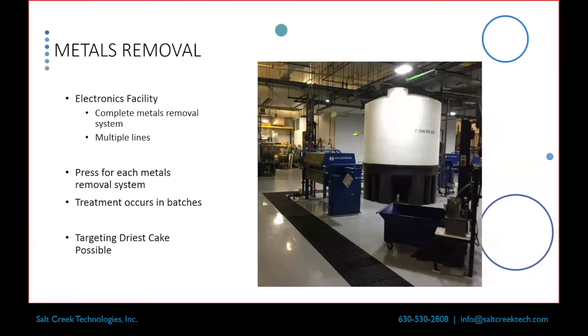This last one that I'll talk about was an electronics facility. They had metals treatment, metals removal systems. I'm not familiar with how that all goes, but they had multiple lines treating various streams within the plant that had different target metals that they were trying to remove. What that meant is they wanted a dedicated press system for each one of those lines to do the sludge dewatering.